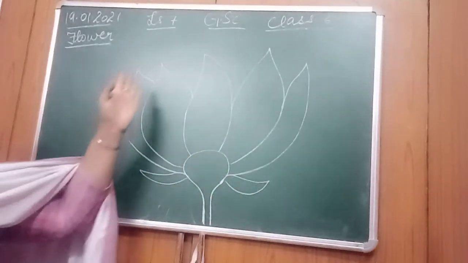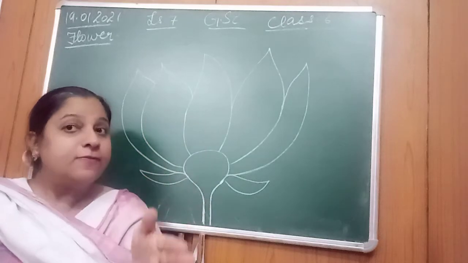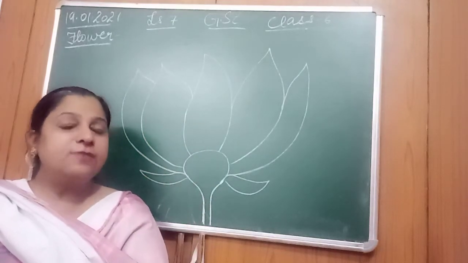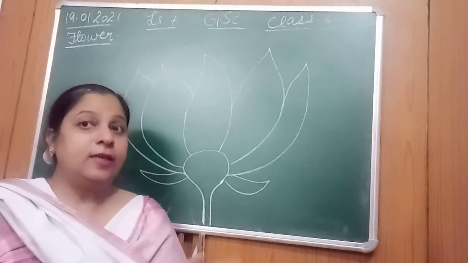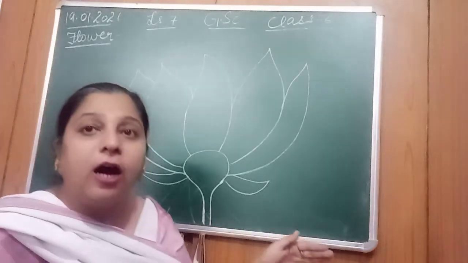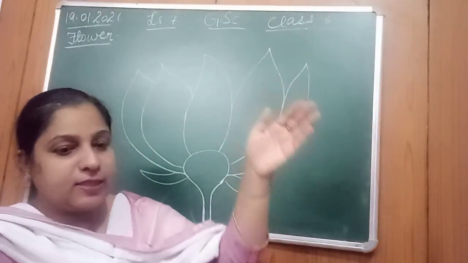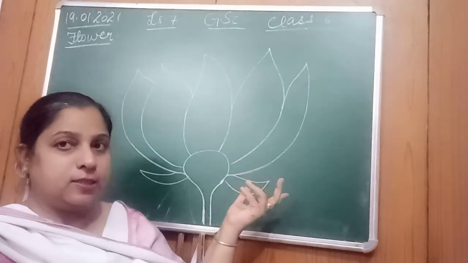This is vertical section. Vertical section means if we cut it vertically. Right? One is horizontal section, one is vertical section. What we are drawing, vertical section of the flower. Okay, we have cut it from the middle, and then what we have seen, vertical section.